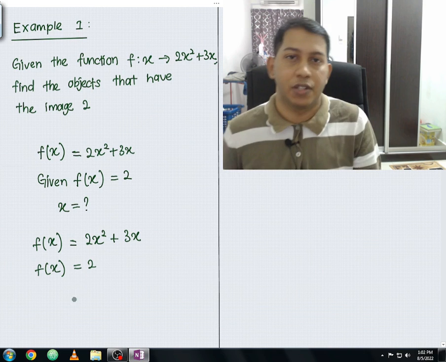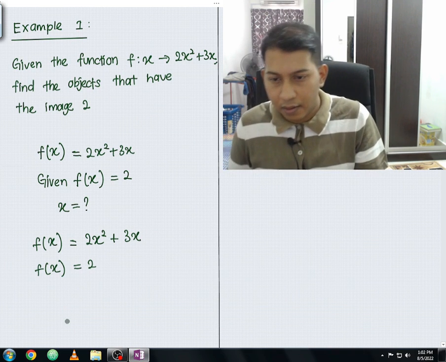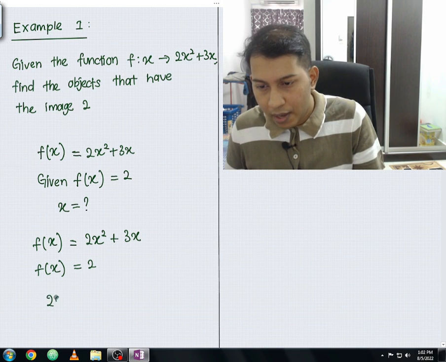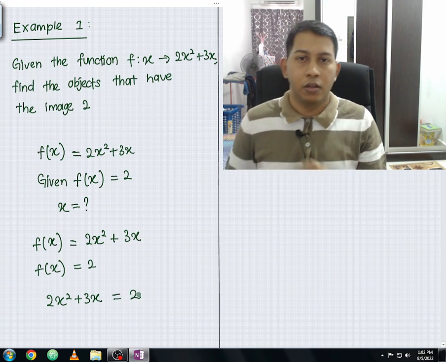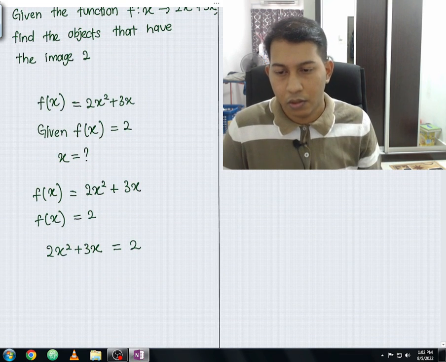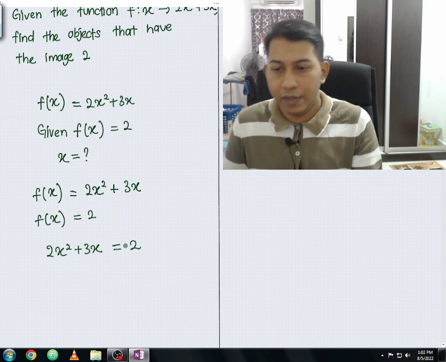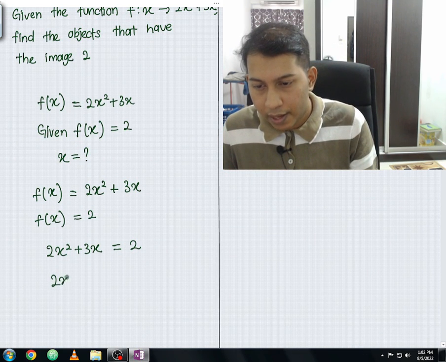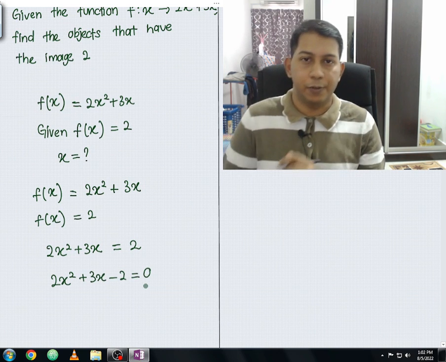This is your image. These two you can equate together, where 2x squared plus 3x is equals to 2. From here, this 2 from the right hand side, you move it to the left hand side: 2x squared plus 3x minus 2 is equals to 0.